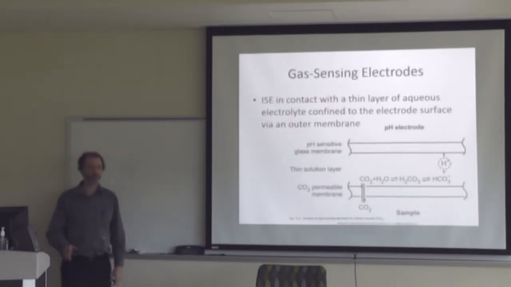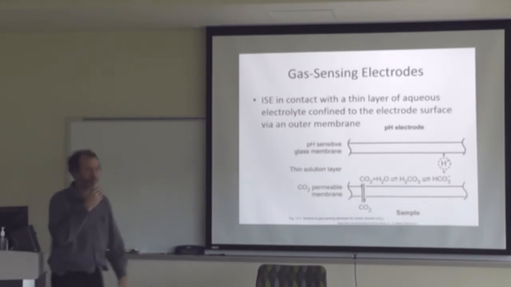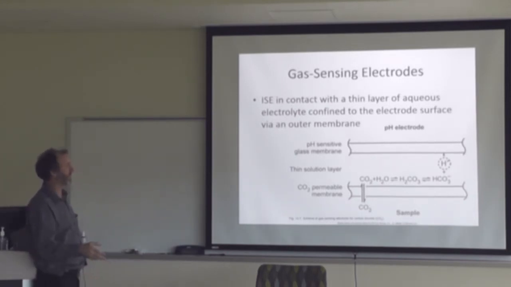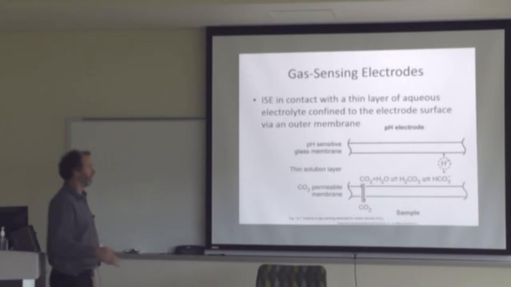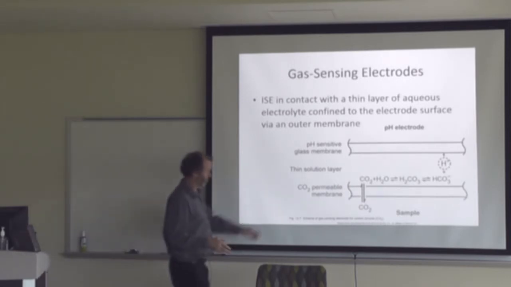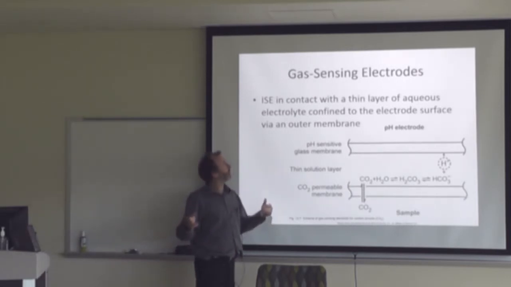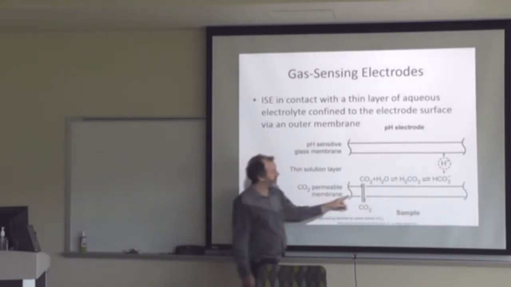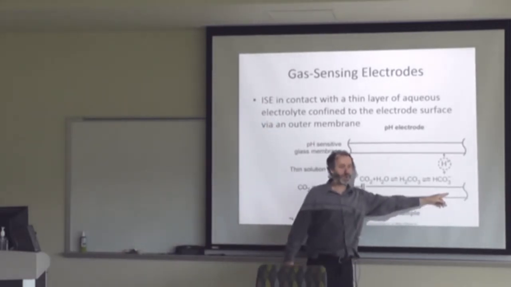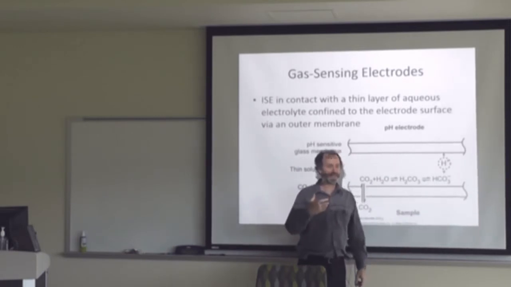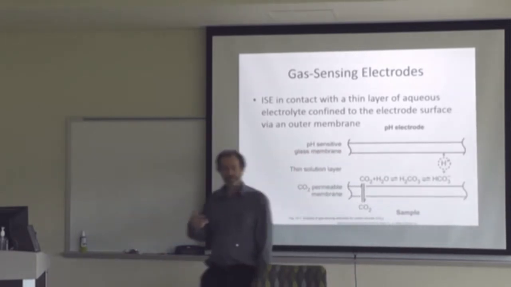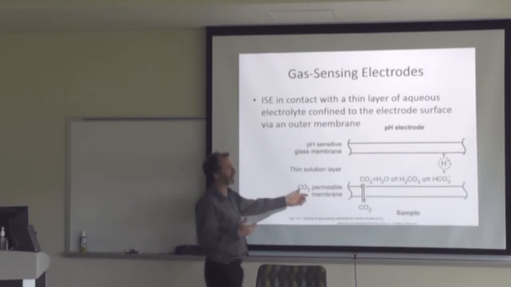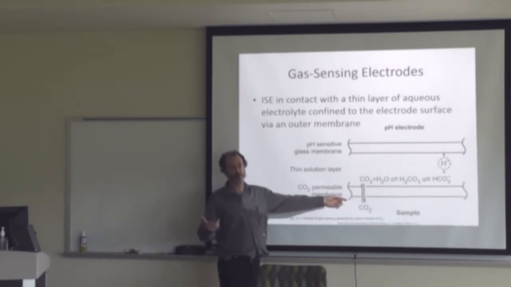Gas sensing electrodes are a little bit different, and it's important to recognize the difference. With gas sensing electrodes for potentiometric methods, we have a permeable membrane that will absorb a gas, and it's selective for the gas that it absorbs. In this case, we're looking at a carbon dioxide electrode.